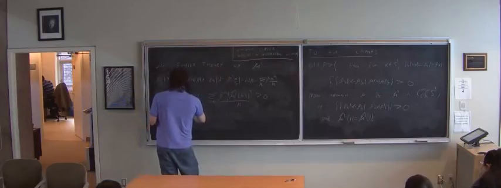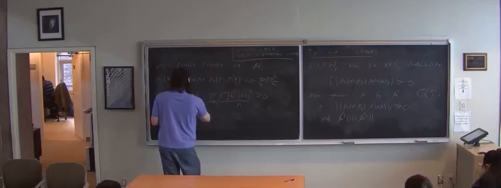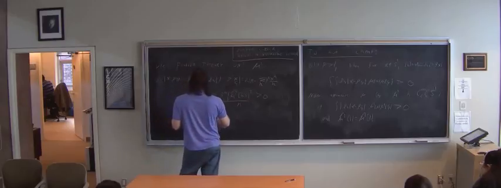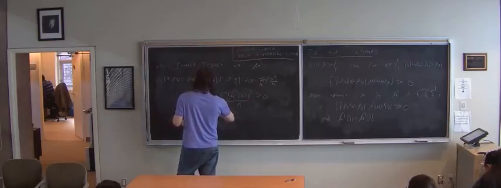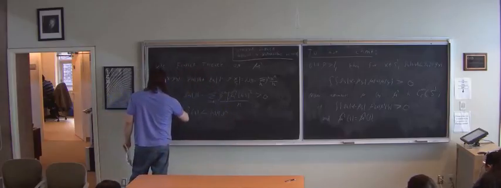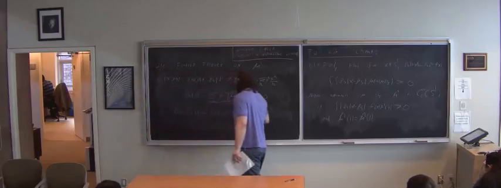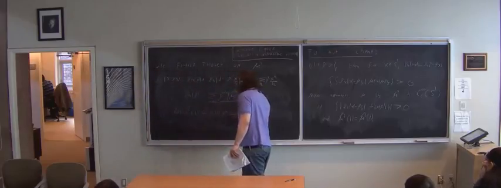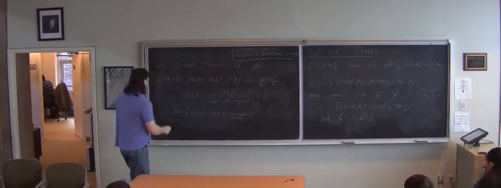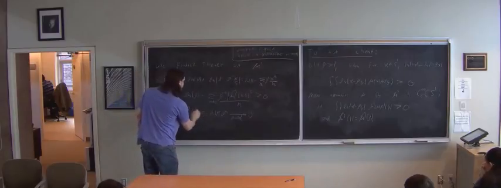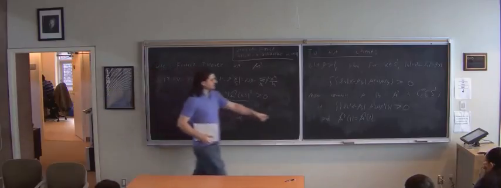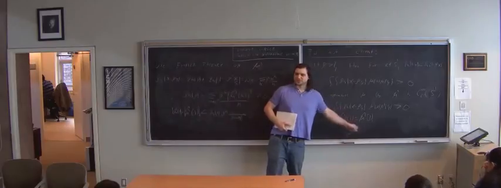Rearranging, you get that mu prime hat of 1 in particular is less than log rho times rho to the minus n. But this is also mu hat of 1. And this tends to 0 as you make rho closer and closer to 1. Sorry, absolute values here. And so you can show that mu hat of 1 is 0. Likewise, by using different numbers, you can show mu hat of any number is 0.